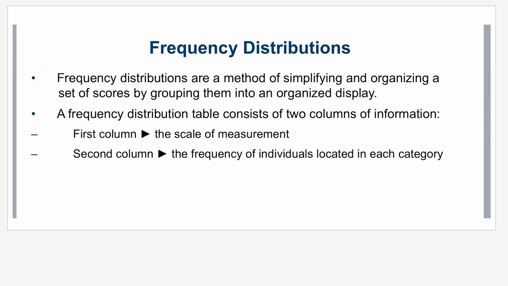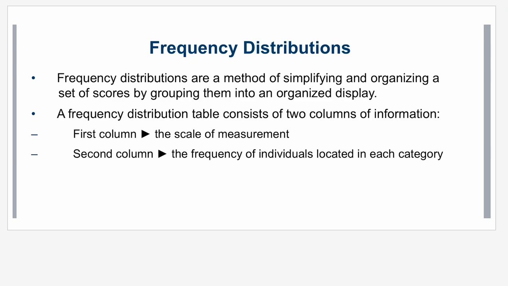One is the scale of measurement, or the type of scores, depending on what exactly the data is. And then the second column is the actual frequency, the number of participants in each category or each score. That'll make more sense when we look at this table in just a second.